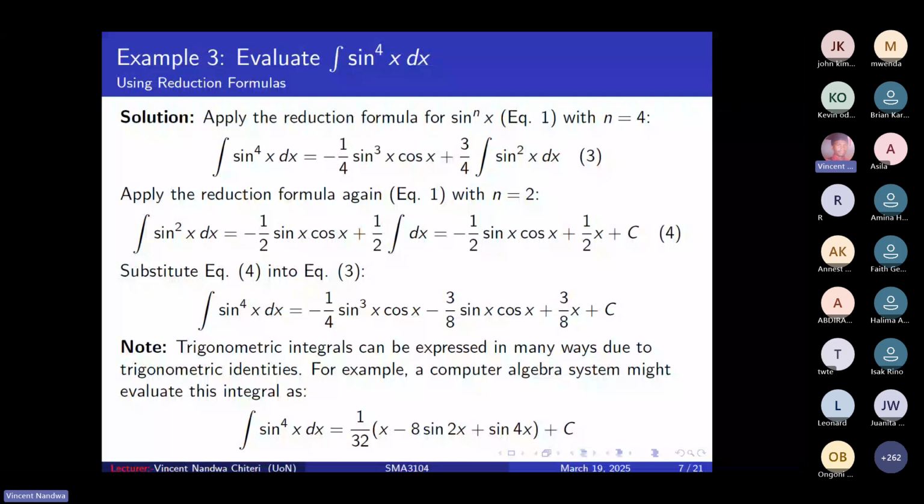So a person who approaches it from that point of view, expressing sine squared in terms of the cosine function, and then multiplying sine squared by sine squared to get sine power 4 and working out the solution, is still okay. Or if you apply the reduction formula and get this expression, when you simplify, you will find that they're exactly the same thing.